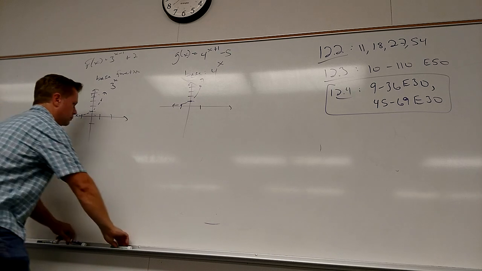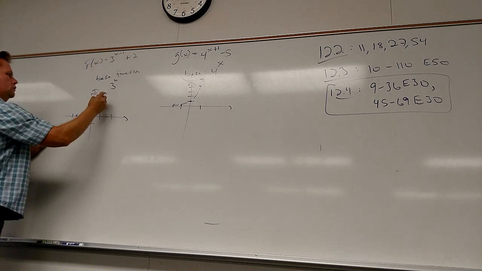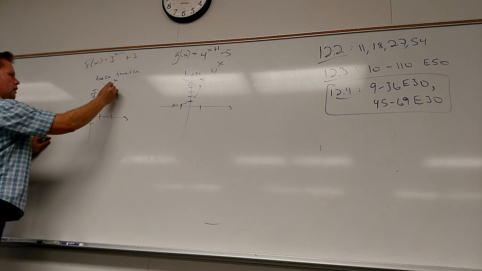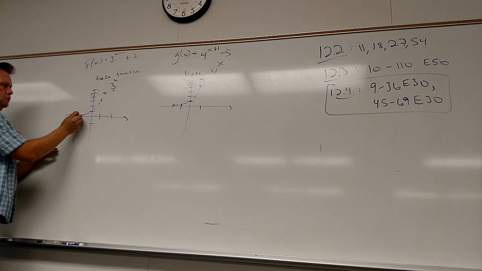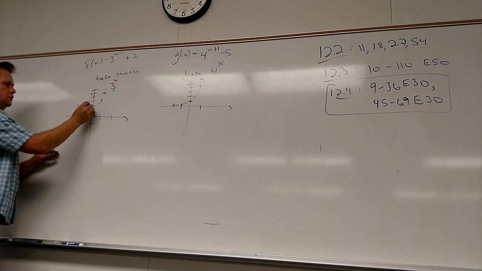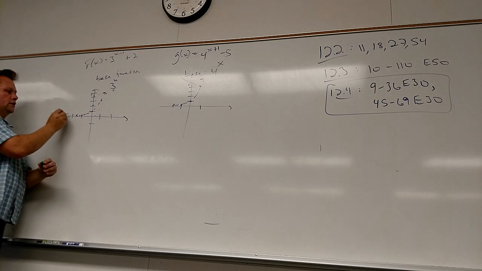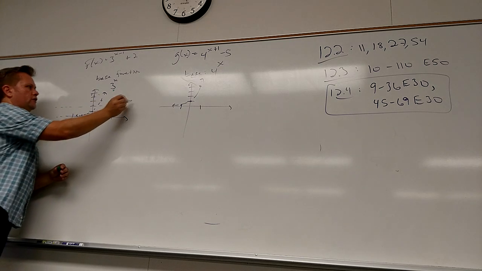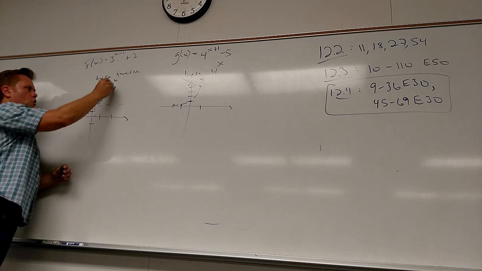So every point I would move right 1 up 2. This point, right 1 up 2. This point, right 1 up 2. And I notice that my asymptote goes up 2 also. Everything goes up 2. So now it looks like this.